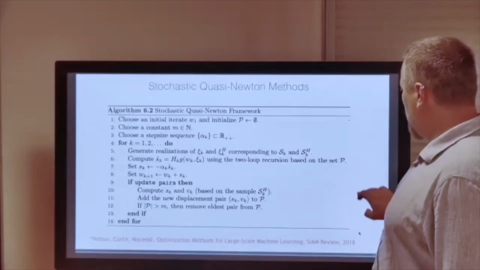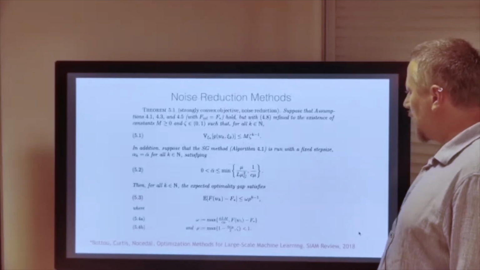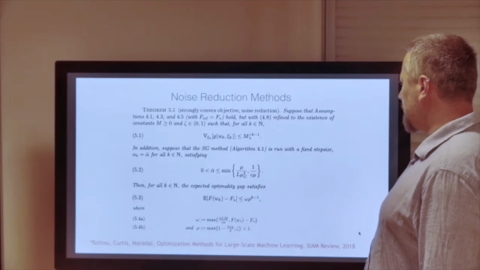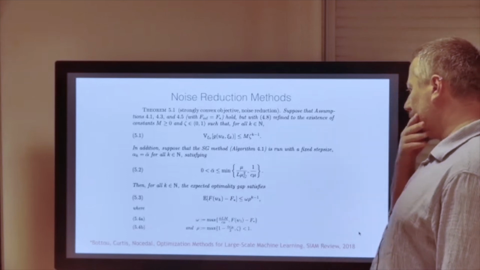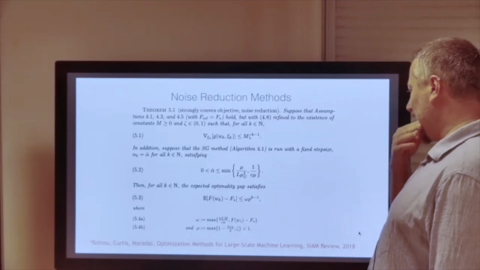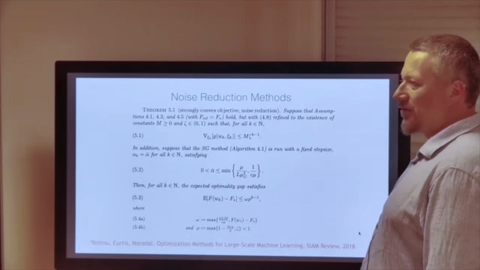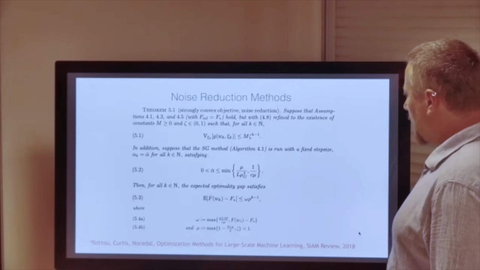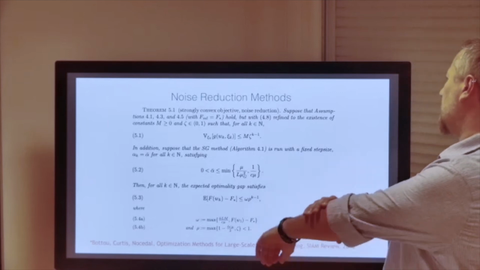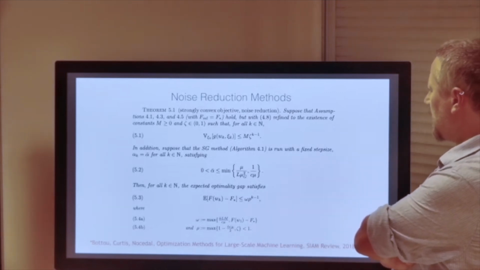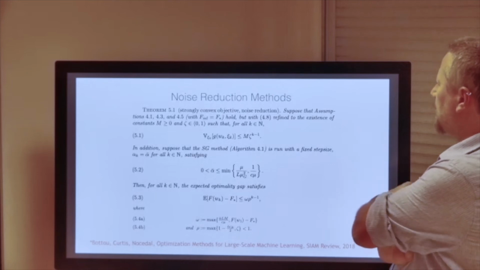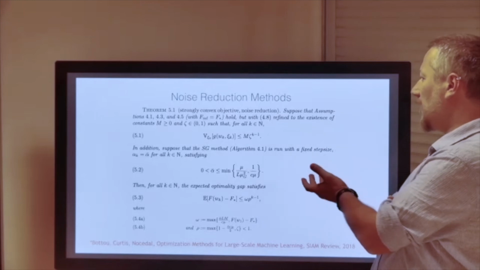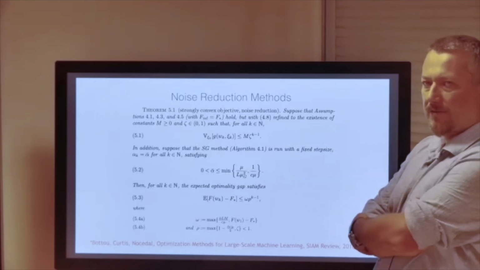So now I'm going to move into another direction, starting with this theorem. It is the theorem I took from this paper that I have followed, used extensively in this course. All right, so what is this? It is an analysis of what happens if we somehow reduce the variance of the stochastic gradients.